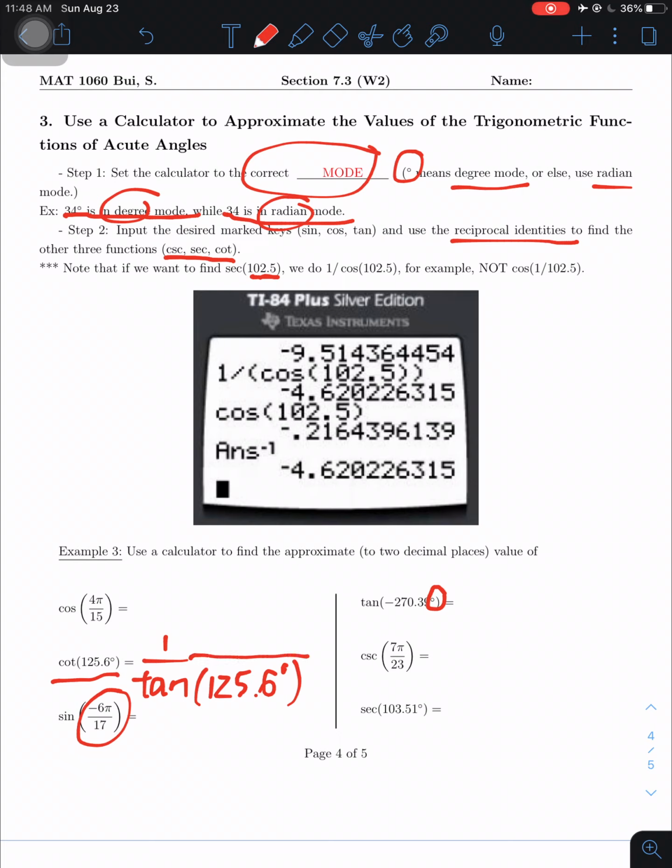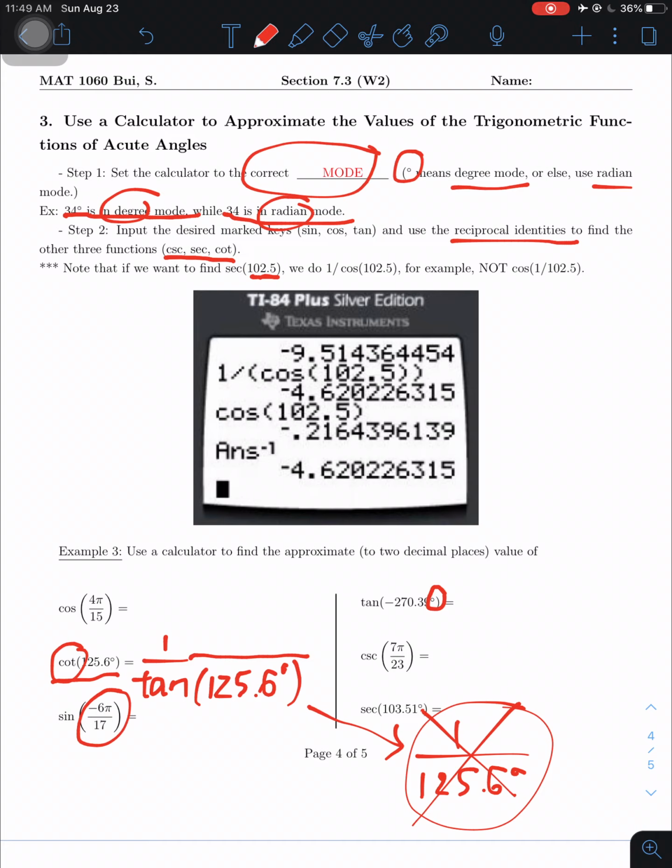Another common mistake that I see a lot of people making is that they do 1 divided by 125.6 degrees. This is wrong. First of all, if it's just a number, then what's the meaning of having the function in the problem? It makes no sense to just have numbers.